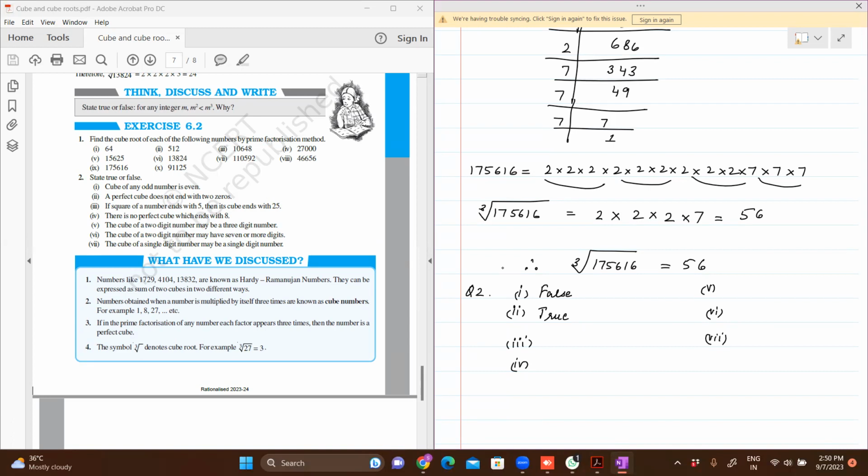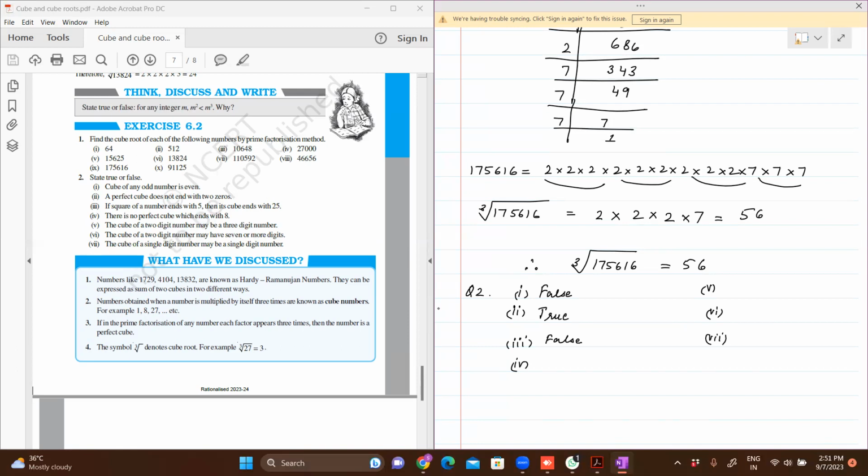Let us take some other example also. If I take 15, 15 square is 225, and it is ending at 5. And 15 cube is 3375. This statement is false here, because 3375 is not ending at 25.